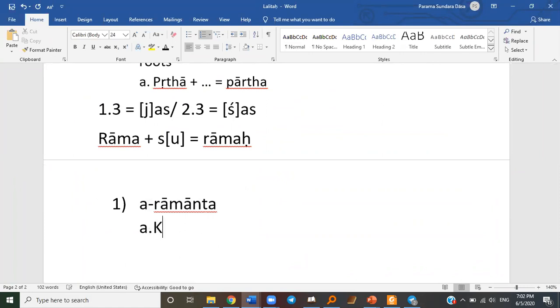So here we will take Krishna, which is aramanta, and what this chapter deals with is it will take words with different ramanta, like aramanta, iramanta, uramanta, and all the pratyayas will be applied one by one.